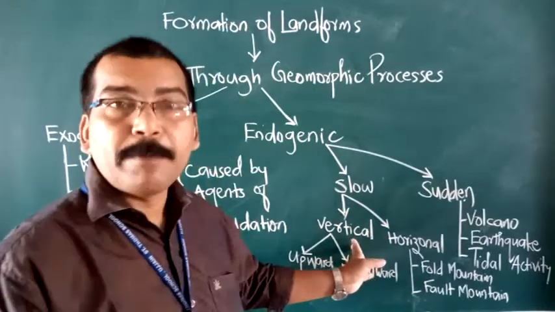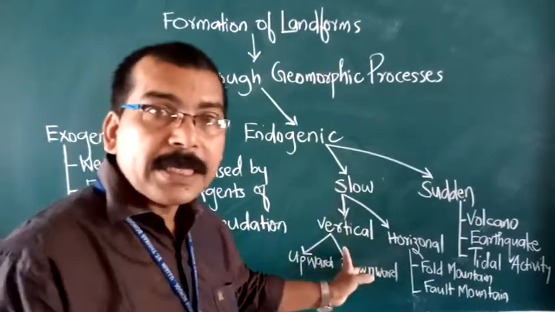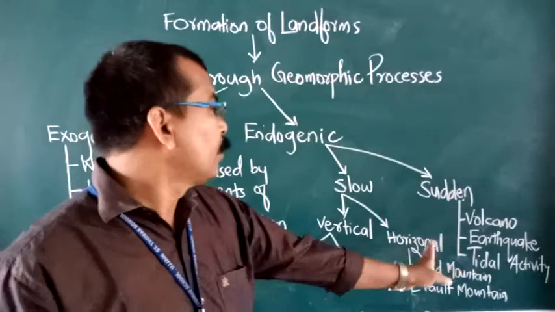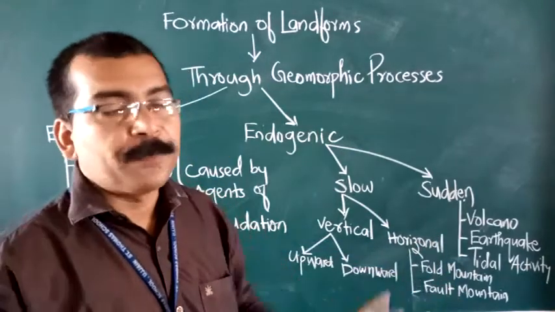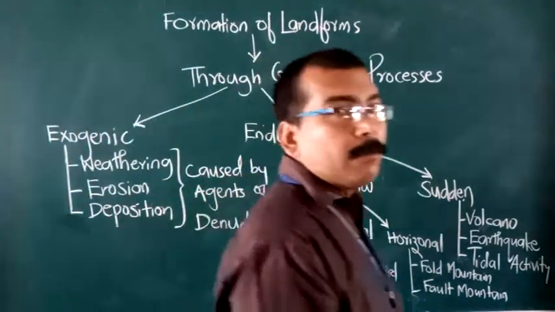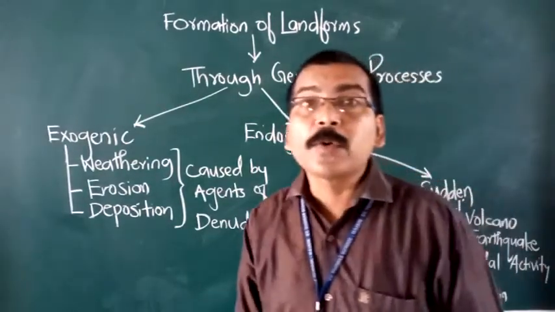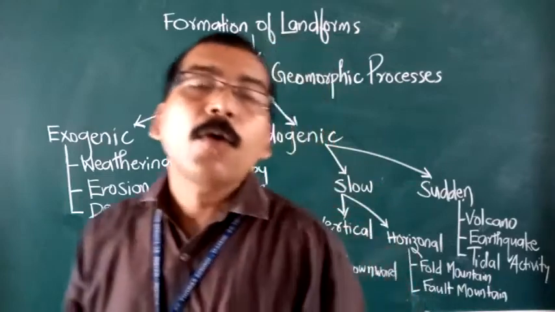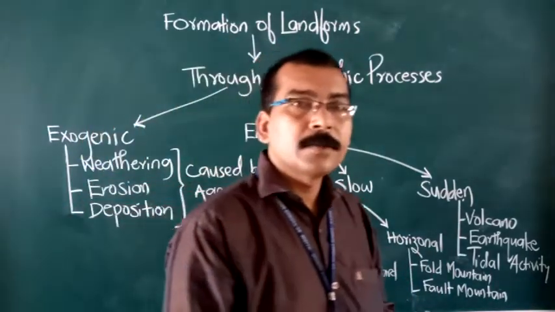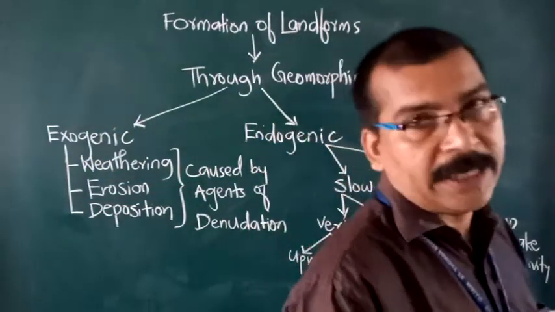Slow process can be of two types: vertical and horizontal. See, vertical movements are also called epirogenic, and horizontal movements are called orogenic.